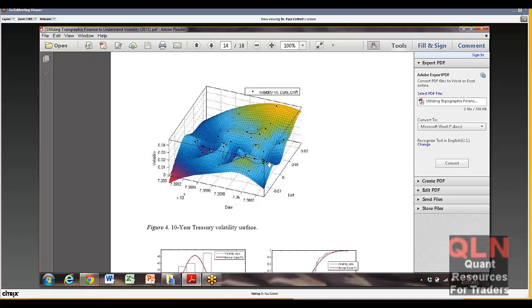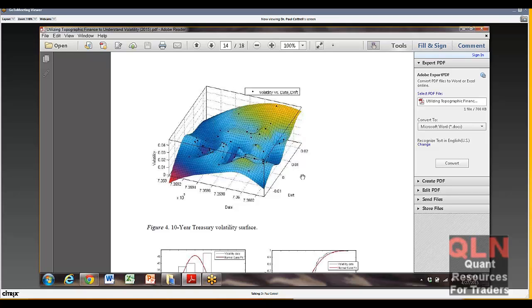Now, qualitatively, you have these undulations, the heteroscedastic properties of volatility, so that makes sense. You have your time. Down here is your February 27th. Here's your drift.